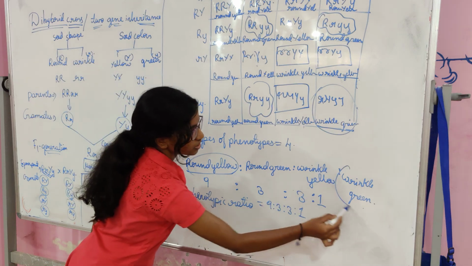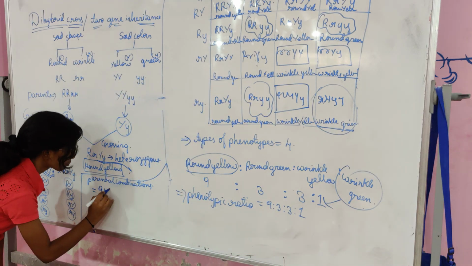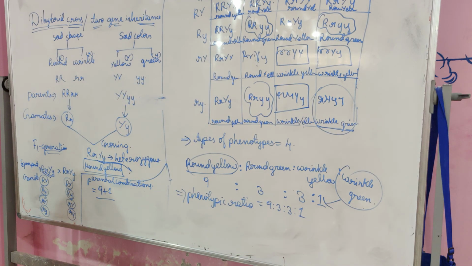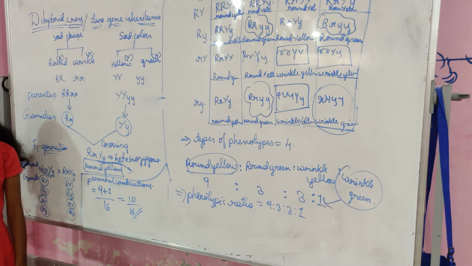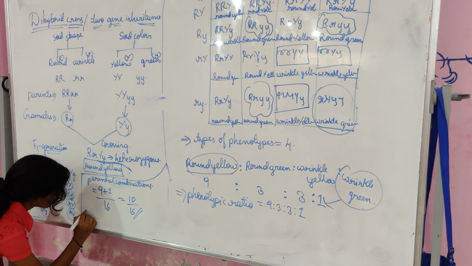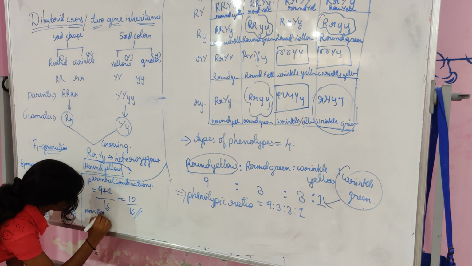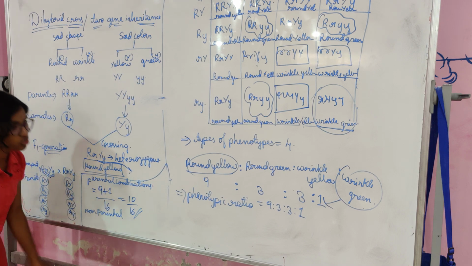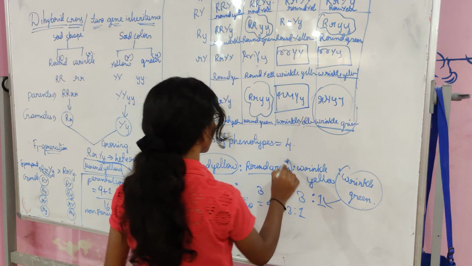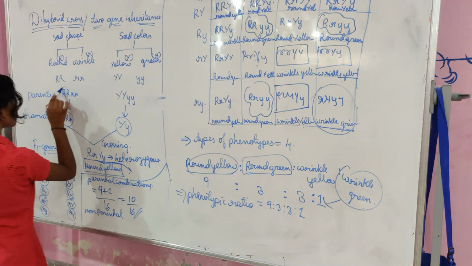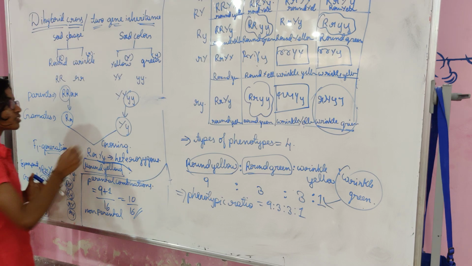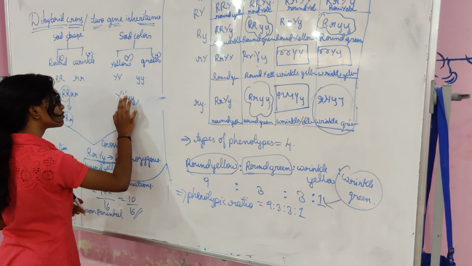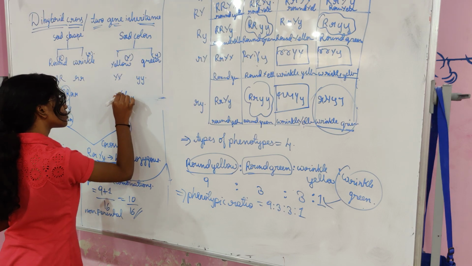So plus 1. How many offspring did I get in total? 16. So 10 by 16 is my parental combinations. And non-parental combinations. Why did you take 3? That is not parental. See, round and green. Where is round and green? Round is dominant and green is recessive. We need dominant and dominant. You understood?